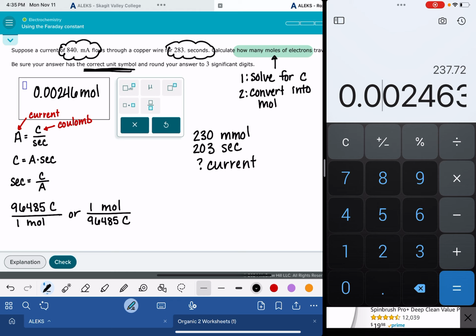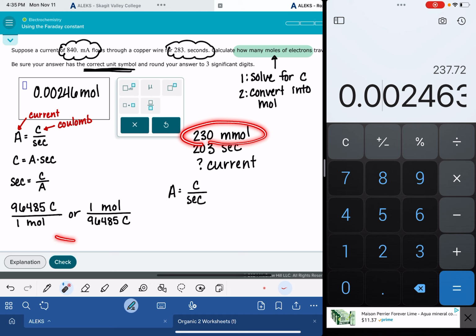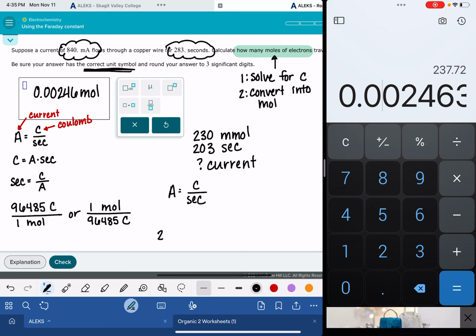Since I'm being asked to solve for current, which is A, this is the form of the equation that I want to use. My current is going to be the coulombs divided by time in seconds. To get coulombs, I'm going to use the moles and Faraday's constant as a conversion factor. I'll do that math down here. 0.230 moles, that's 230 millimoles divided by 1,000.